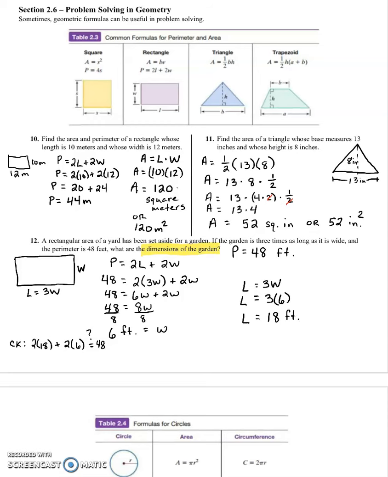So 2 times 18 is 36, plus 2 times 6 is 12. Does that equal 48? Yes, it does. So we have our dimensions right. So it's 6 feet by 18 feet.